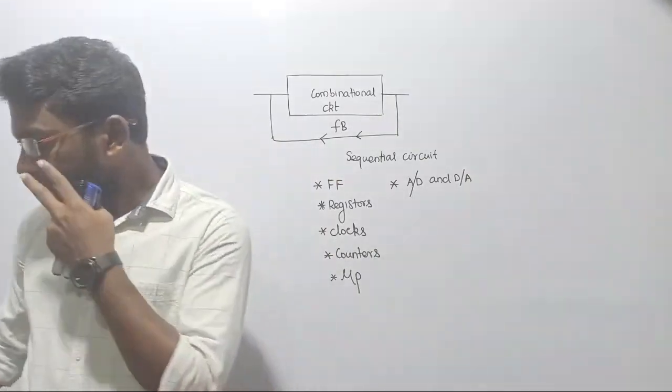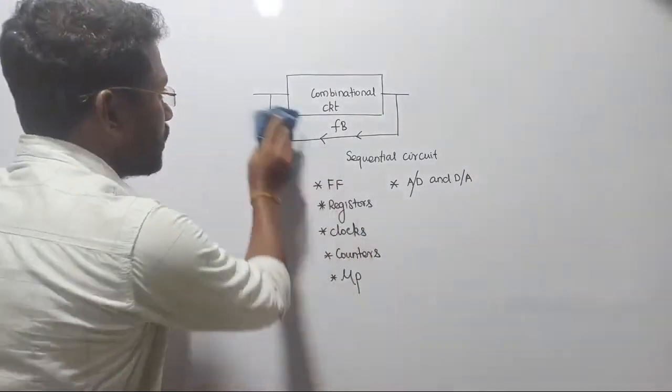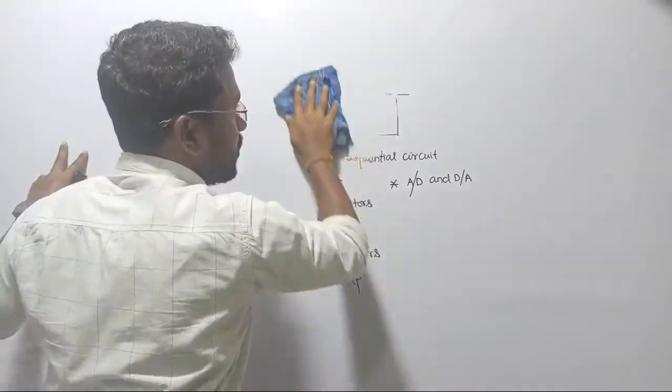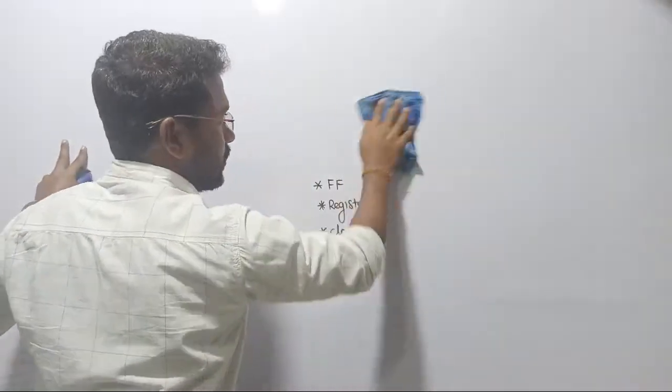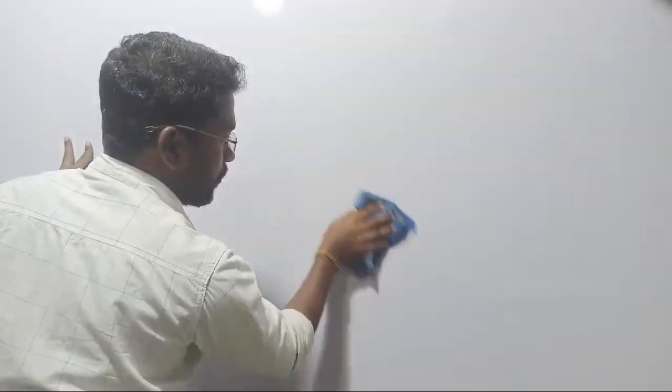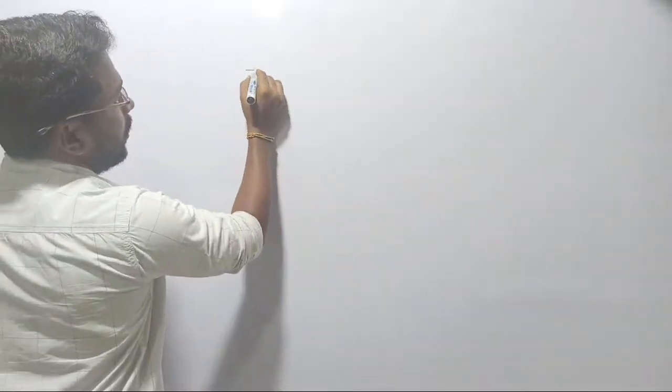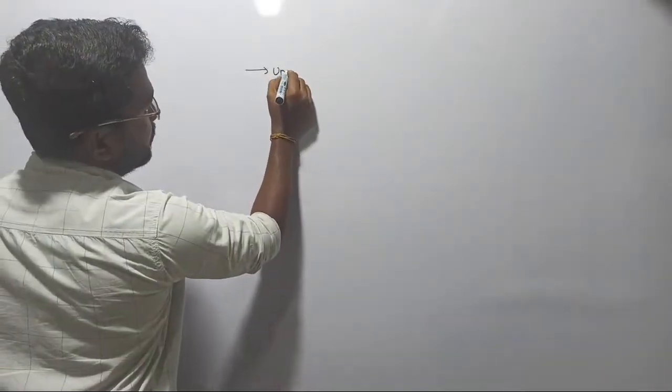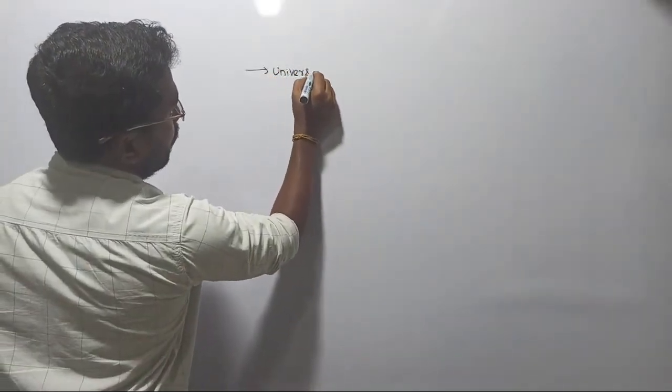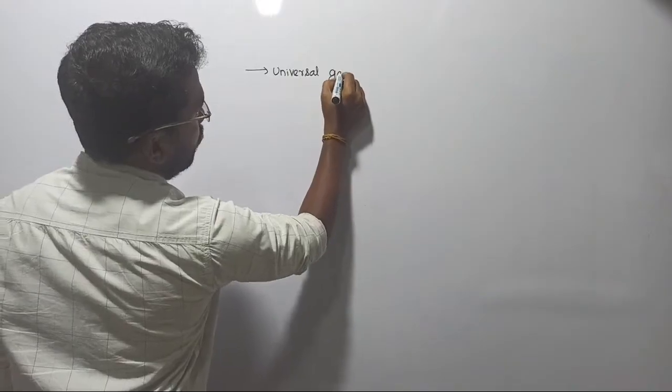So let us design. The first circuit that we are going to design in sequential circuits is simply called latches, right? Let's start our journey with the first primary circuit, right? Anyway, in order to design sequential circuits, the priority will always be given to universal gates, right? Why?